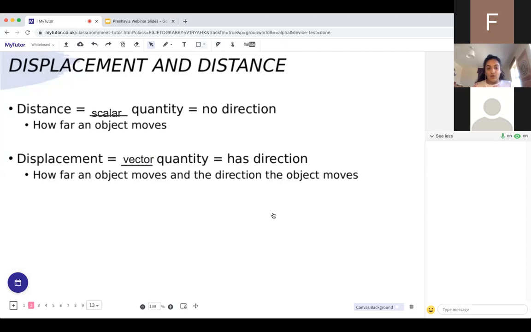Displacement could be 6 meters north, 6 meters on a bearing of 45 degrees, 6 meters left. It has to have a direction associated with it because it's a vector quantity. Okay, so that's the difference between displacement and distance. Displacement has a direction attached to it, distance doesn't.